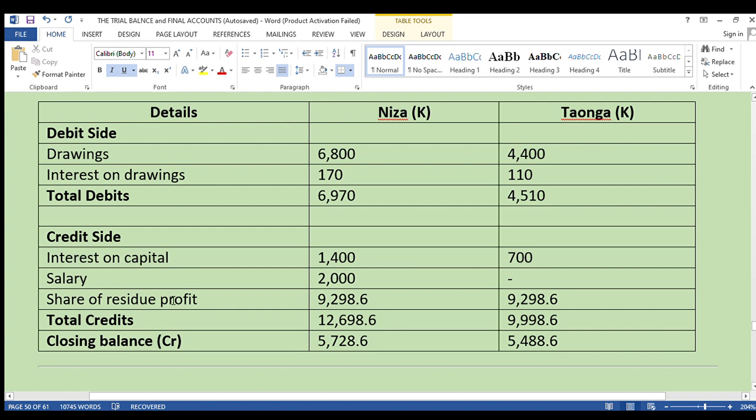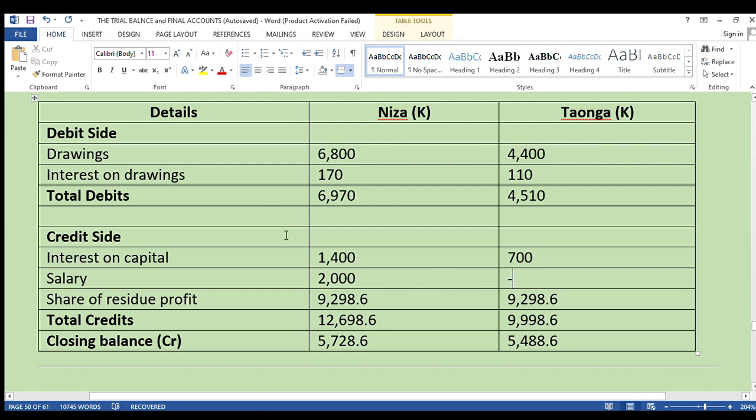So these are the main items we deal with in the current accounts. Drawings and interest on drawings, debit side. Interest on capital, salary, and share of residual profit, credit side. For NISA it's this, for Taonga it's this. It should be noted that Taonga has no salary, so there is no figure for salaries for Taonga. The total credits for each are this.